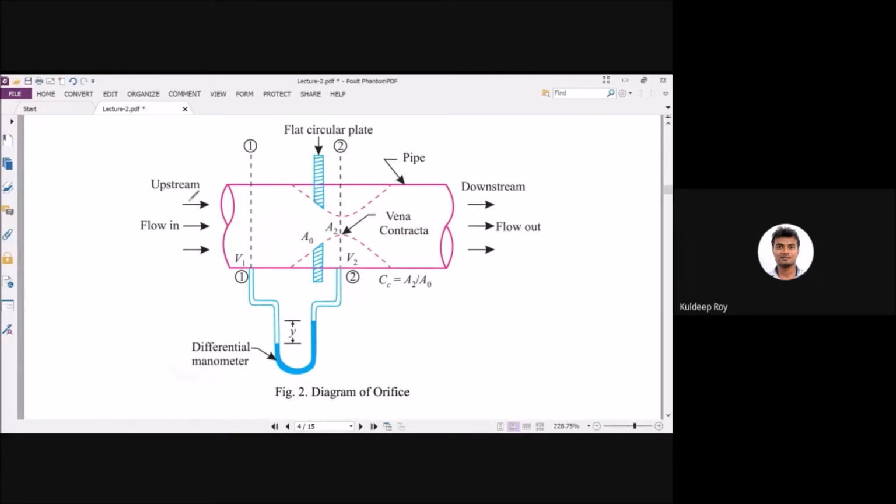When the fluid flows through a particular linear pipe, how will you determine your velocity, and how will you determine your pressure? As I already told, if the fluid is flowing in a tube, I'm talking about a tube, not a pipe, then what will happen?